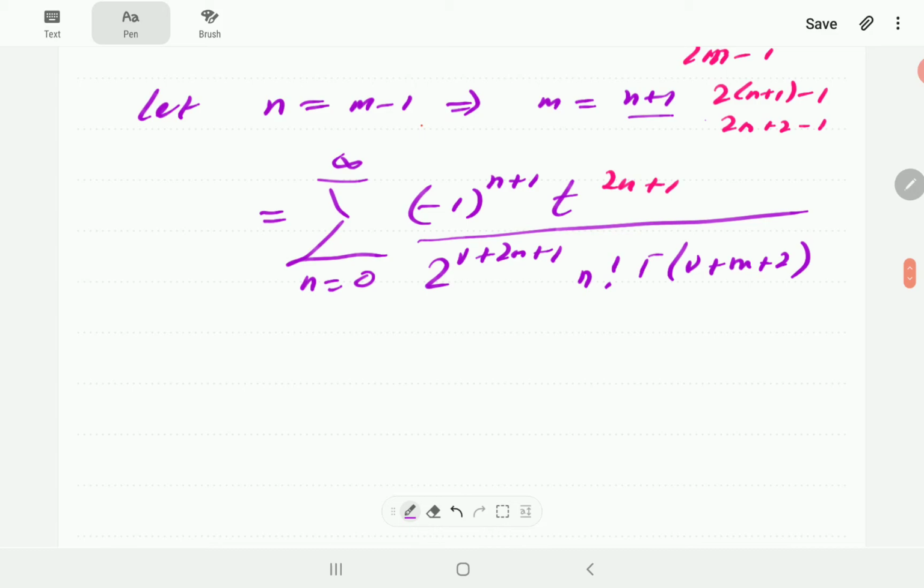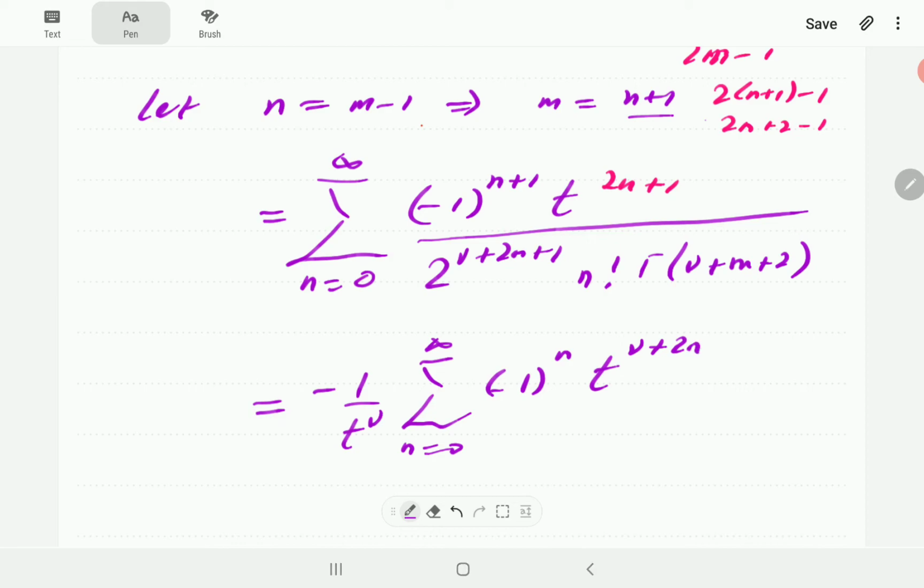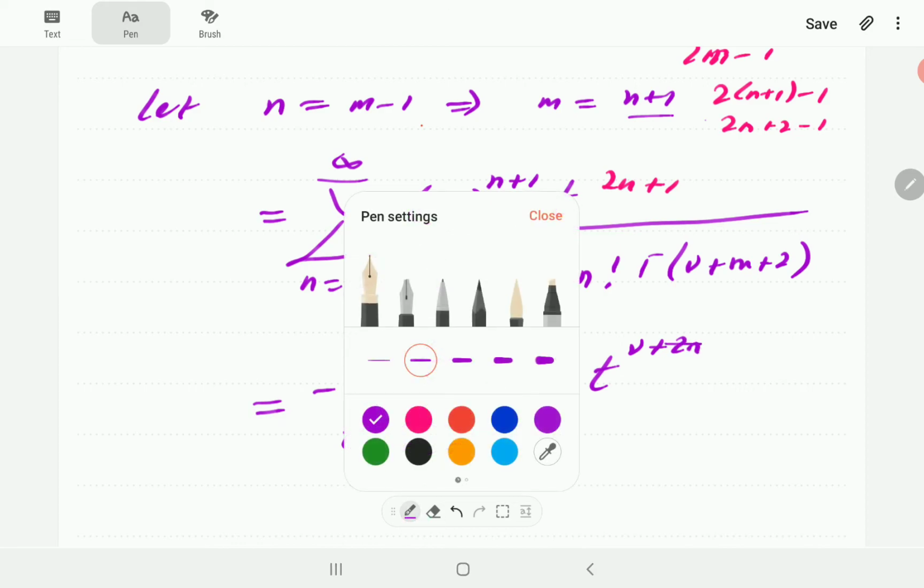All right, we're almost there. What we're going to do at this point is factor out the negative, the plus 1 there. We're also going to factor out 1 over t to the power nu, which is what we multiplied by initially. So we're now going to have negative 1 to the power n here. This thing is going to be power nu plus 2n plus 1. I think let's do it like this.